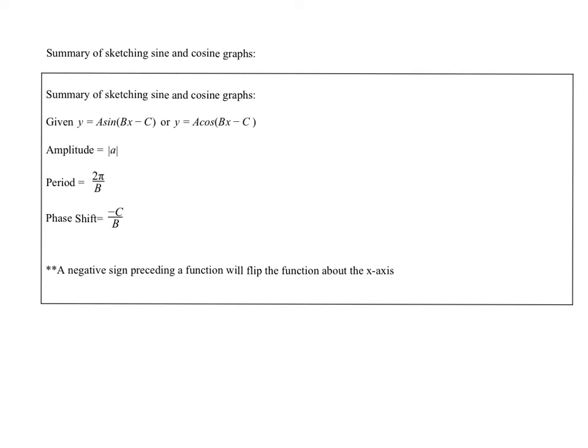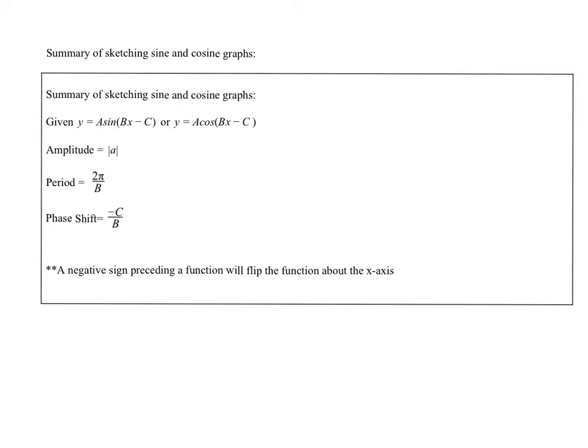So if you remember from section 1, the sine and cosine graphs, their general equations are y equals a sine of bx minus c, or y equals a cosine of bx minus c, where the amplitude is the absolute value of a, the period is 2 pi over b, and the phase shift is negative c over b.